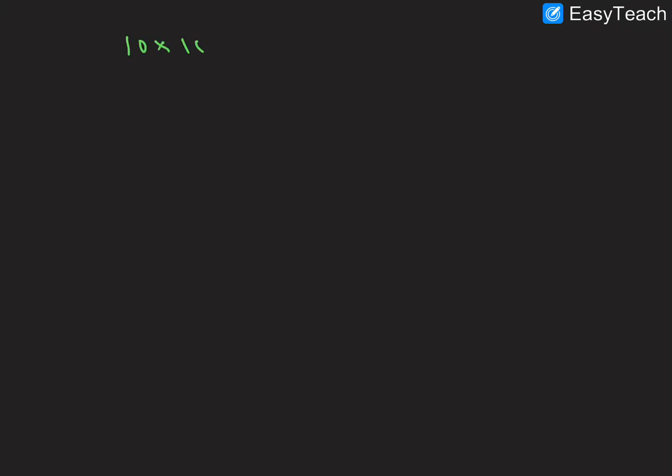So here 10 into 1000, I am substituting 60 as the molecular weight of urea, and 1000 equal to 5 into 1000 by the molecular weight of the unknown solute.